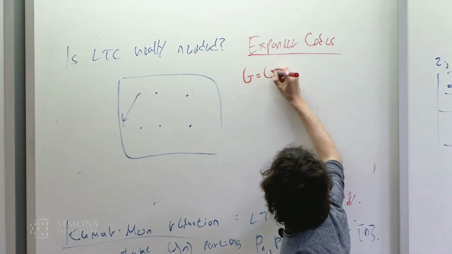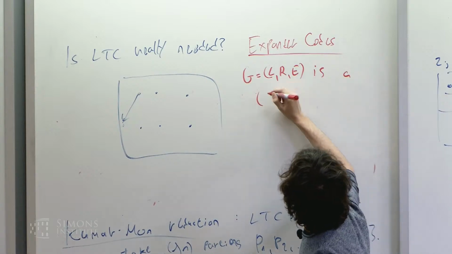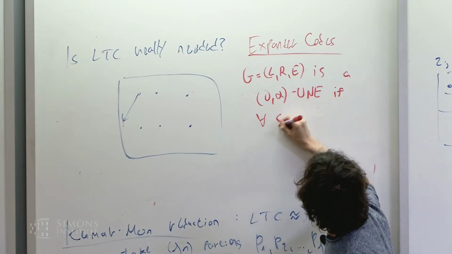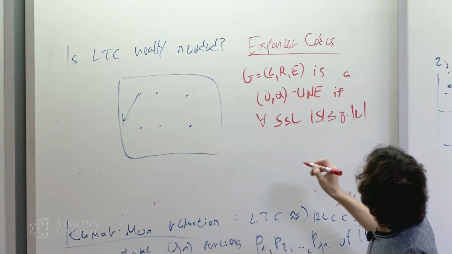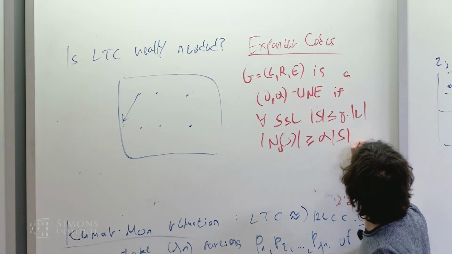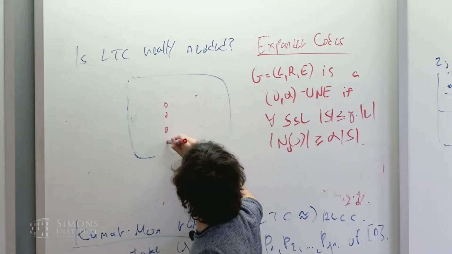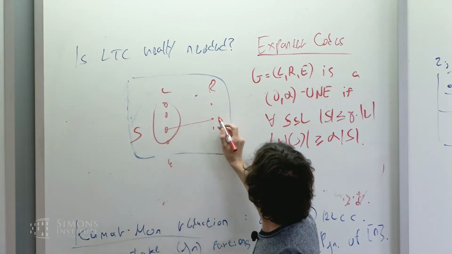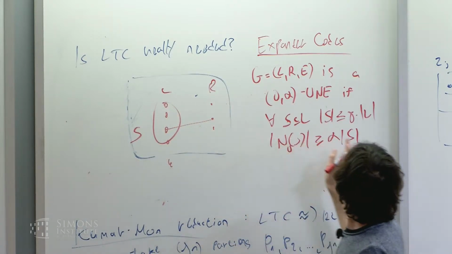G, which is a bipartite graph, is a gamma alpha unique neighbor expander if for every set on the left side that is not too large, the number of unique neighbors of the set, n unique, is at least alpha times the size of the set. A unique neighbor of the set is a vertex on the right side that is adjacent to only one vertex in the set. So these are unique neighbor expanders.